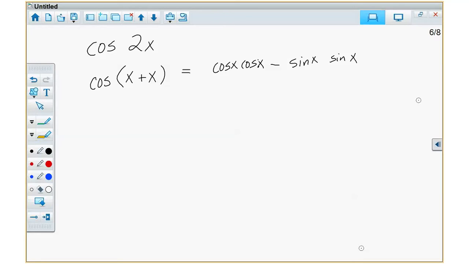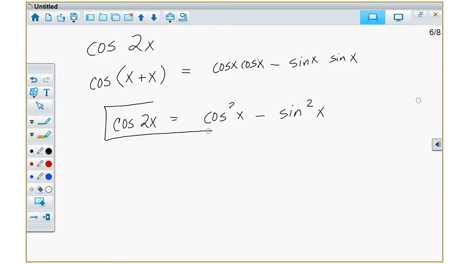Sine of x, sine of x. So cosine of 2x is equal to cosine squared x minus what?